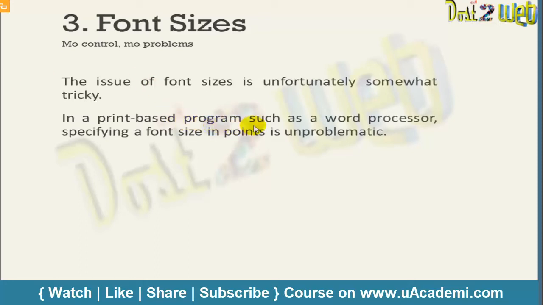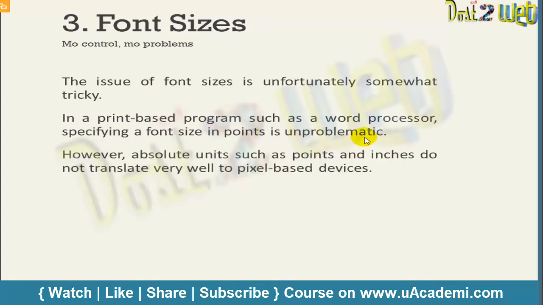In print-based programs such as word processors, specifying a font size in points is unproblematic, right? So we have to define absolute units such as points or inches. That will not translate very well to pixel-based devices, right?